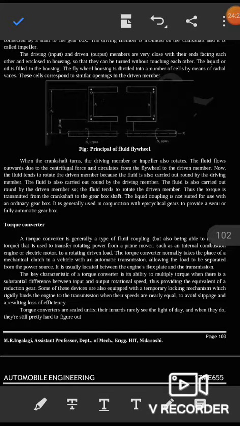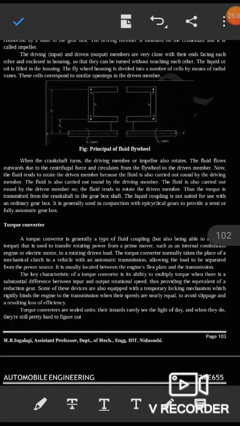Now the fluid tends to rotate the driven member because the fluid is also carried round by the driving member. Thus, the torque is transmitted from crankshaft to the gearbox shaft.